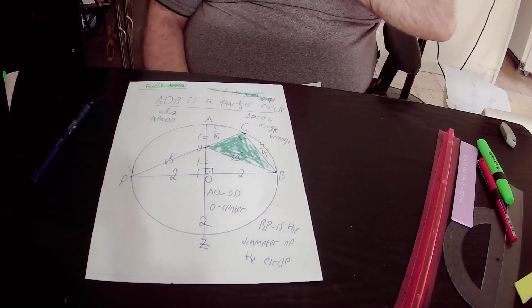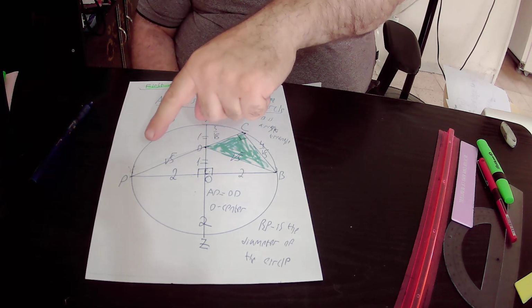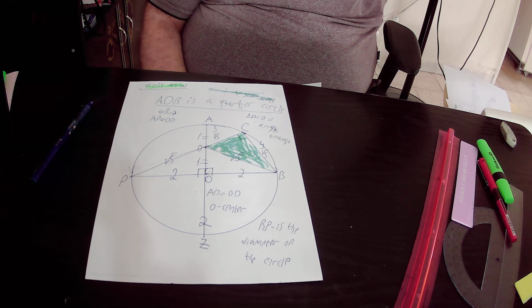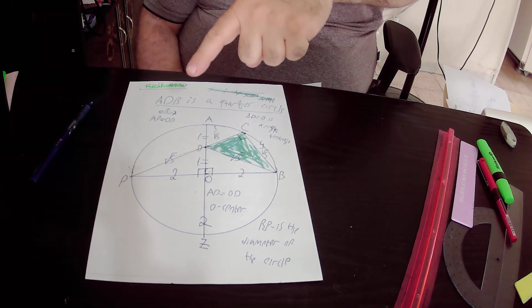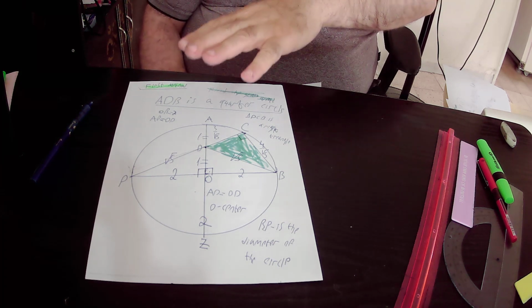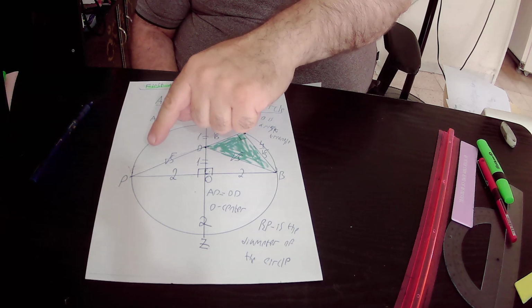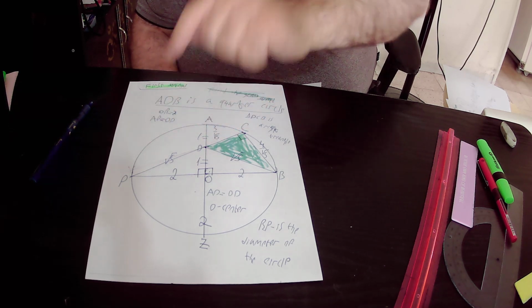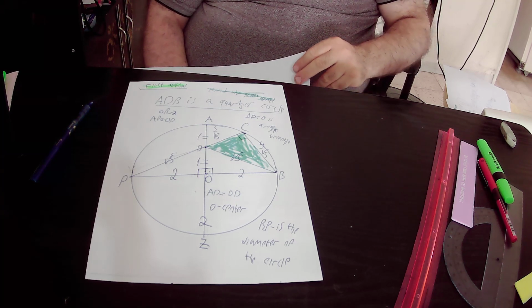Otherwise, if point X does not merge with point P, we get the contradiction that we have a peripheral angle equal to 90 degrees that is not resting on the diameter of the circle. And in order to avoid the contradiction, point X must merge with point P. Okay?